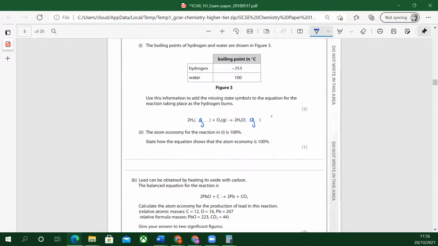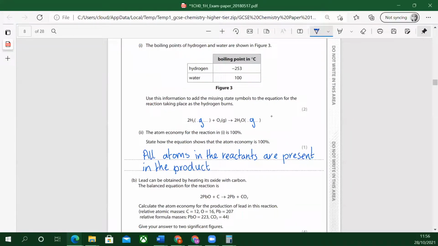A way of writing this, it's only one mark: all atoms in the reactants, so in the things going in, are present in the product. So only one product is formed also.